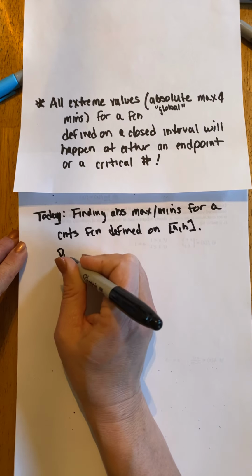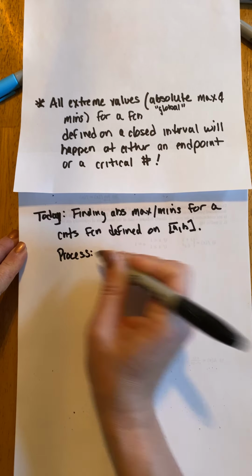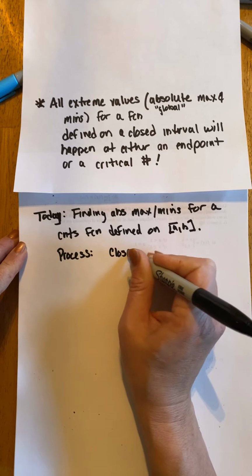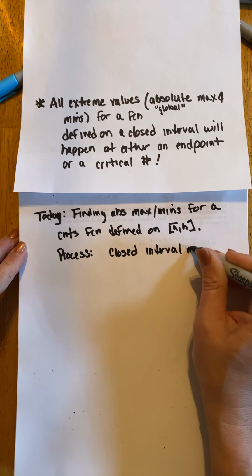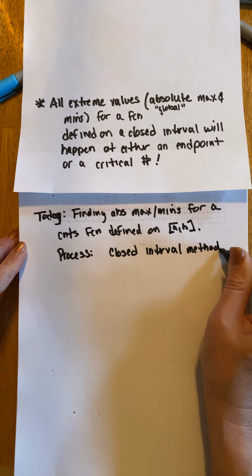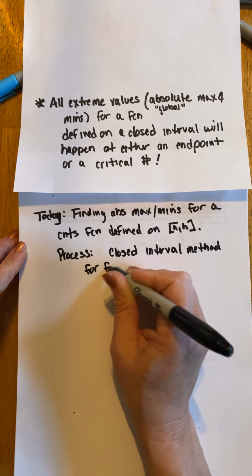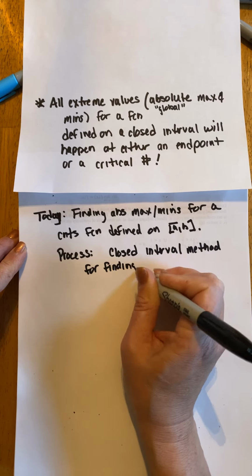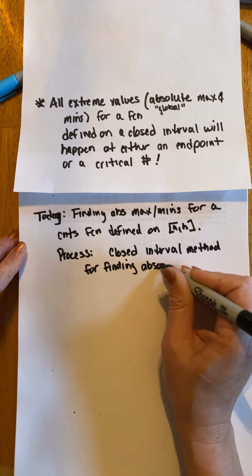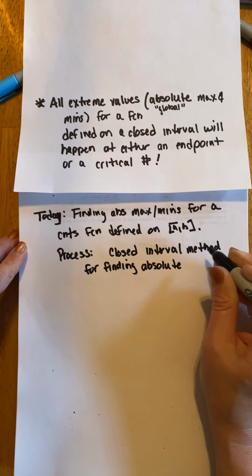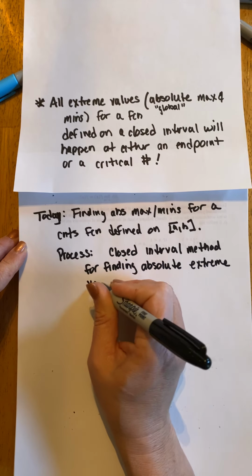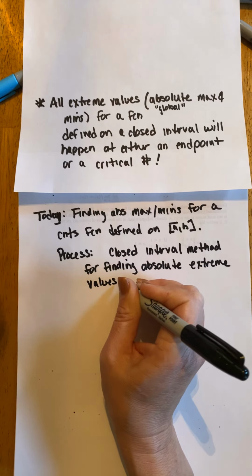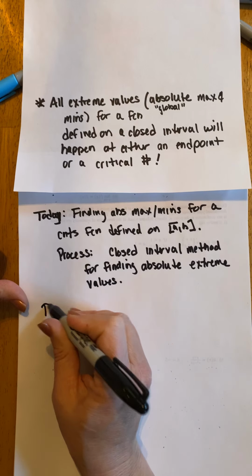The process is called the closed interval method for finding absolute or global extreme values. Okay, we're going to do the process by example.